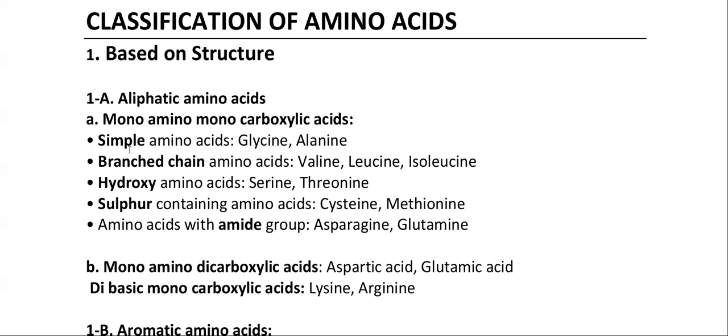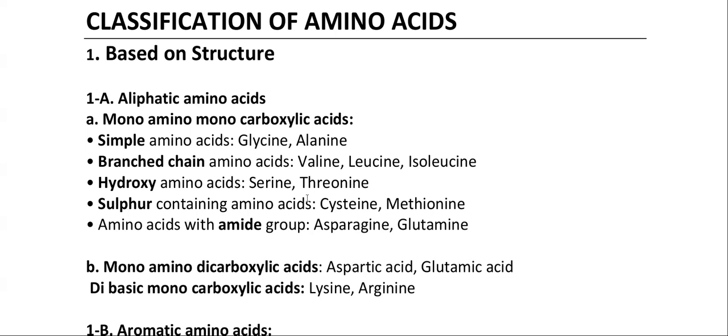In monoamino monocarboxylic acids, the simple amino acids are glycine and alanine. Branched chain amino acids are valine, leucine, isoleucine. Hydroxy amino acids are serine, threonine.